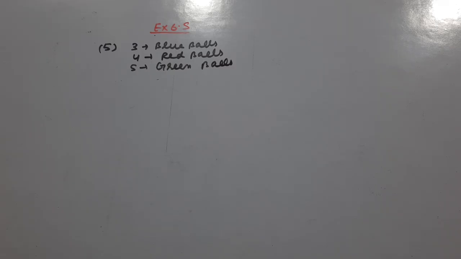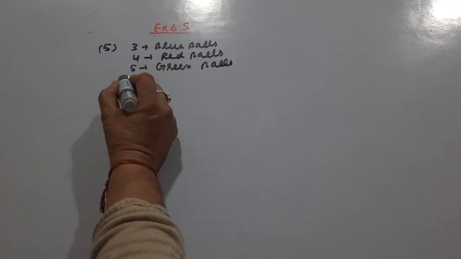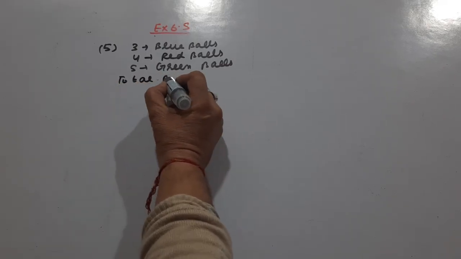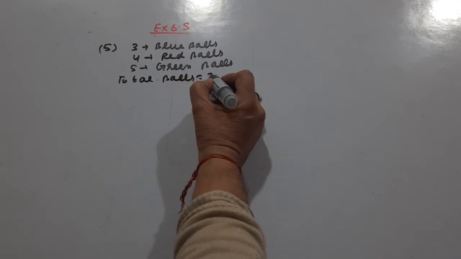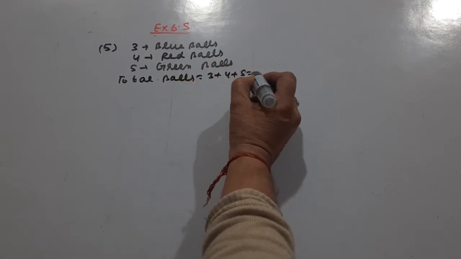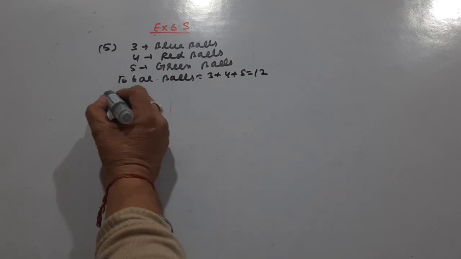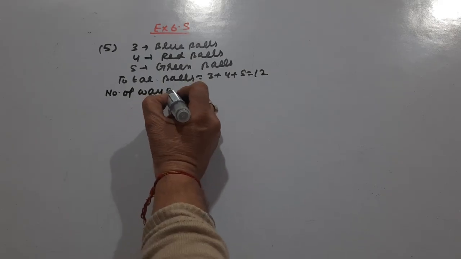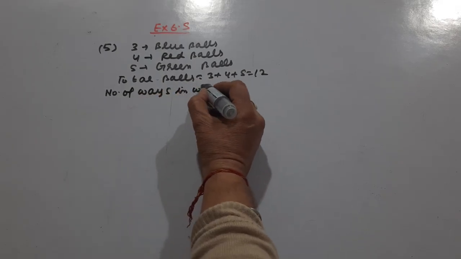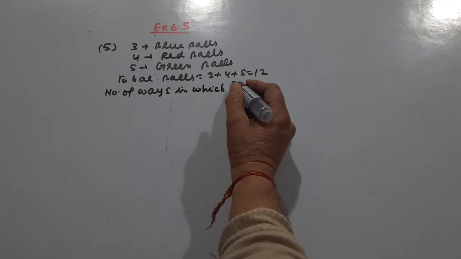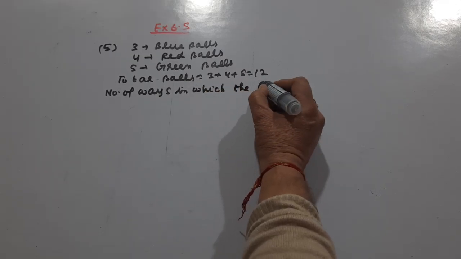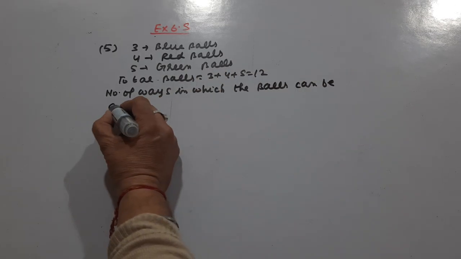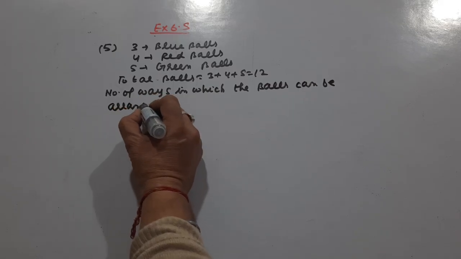So students, we have total number of balls. Total balls are 3 plus 4 plus 5 equal to 12. So number of ways in which the balls can be arranged in a row.